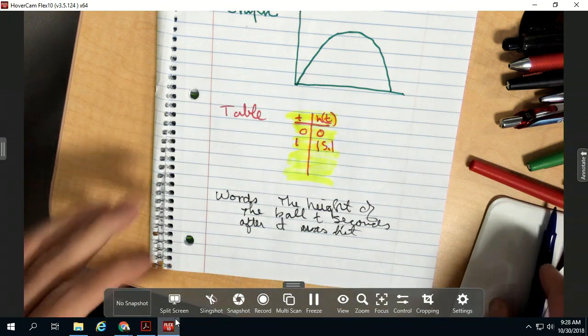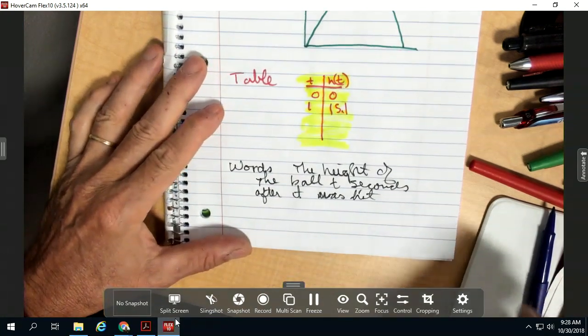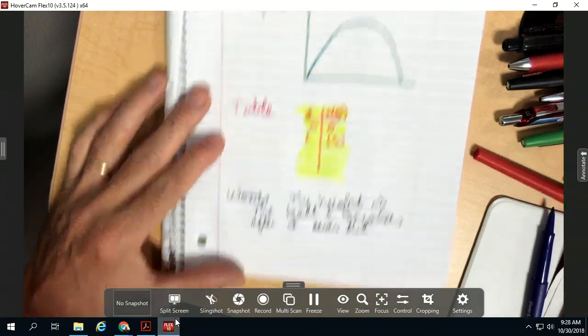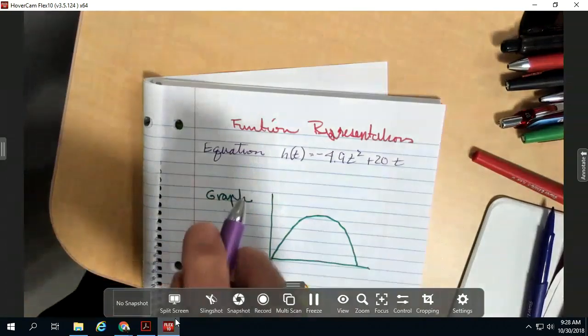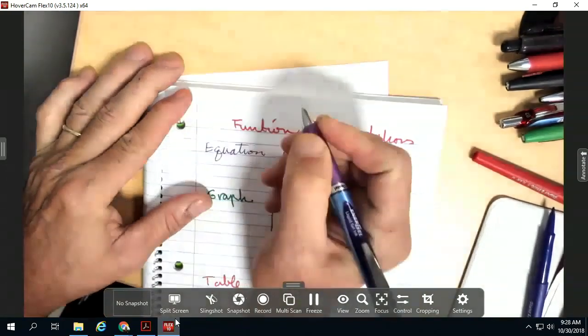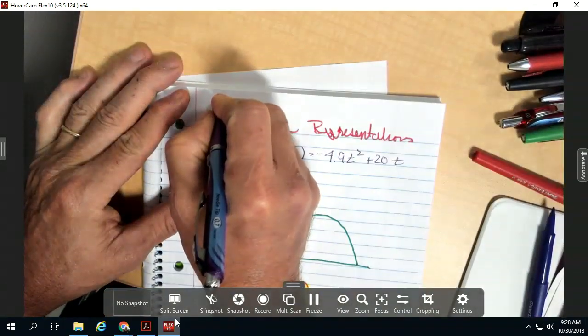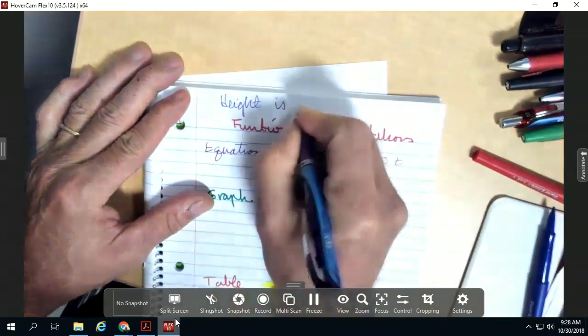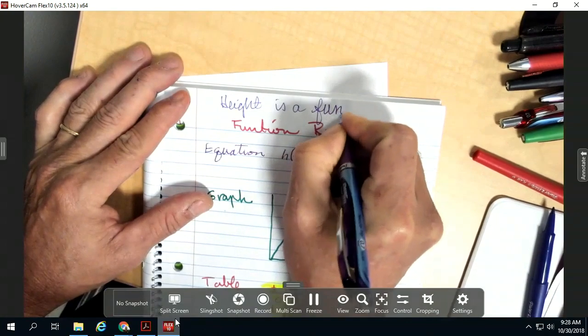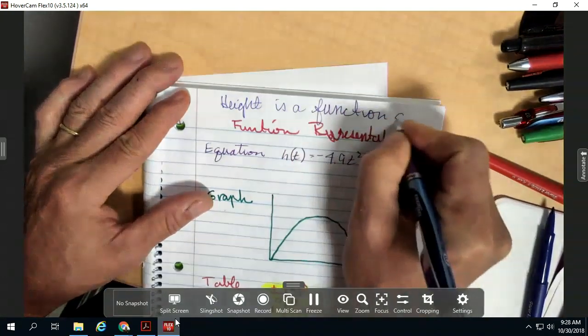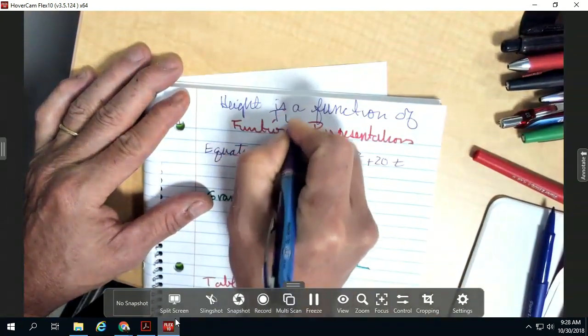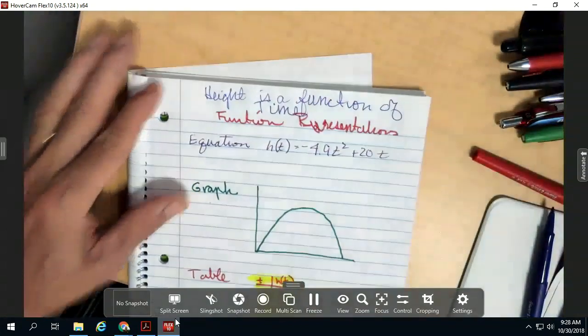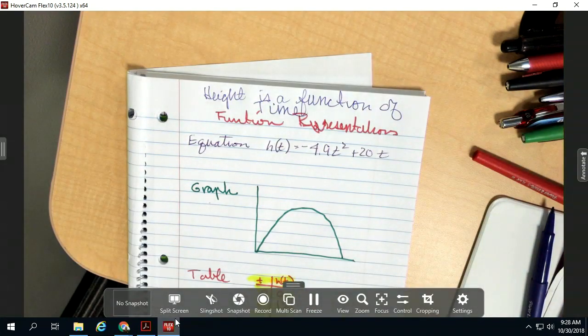But function notation acts the other way. We say height is a function of time. Right? Height is a function of time. That's what all of these are showing. What am I putting into my machine?